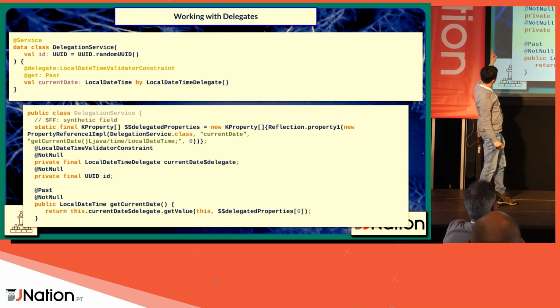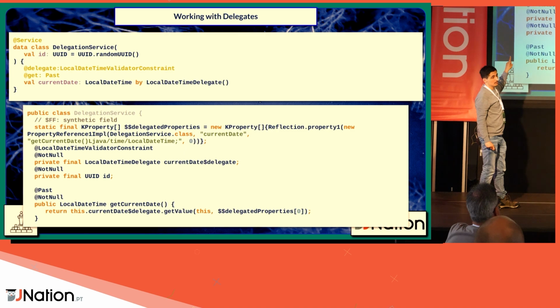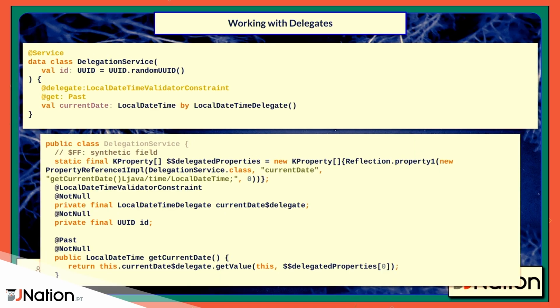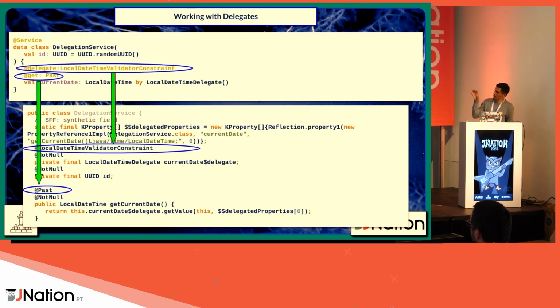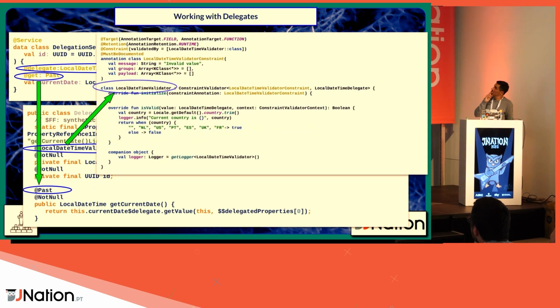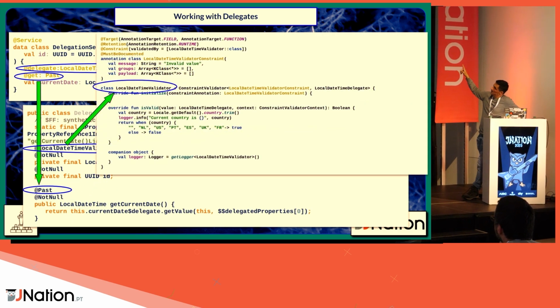And we'll also be able to apply Past to the actual value that is used by the delegate, so what we get from the delegate. So that means that this is where these annotations were applied to.